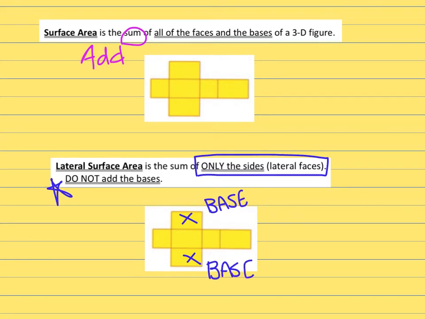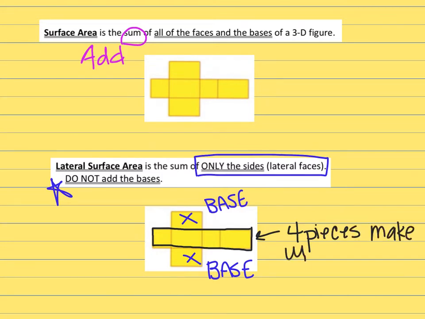So I am not going to include that. However, the portion that I am going to include would be these pieces down the center. They would wrap around and end up making the sides. So for this particular 3D figure, these four pieces make up the lateral surface area.